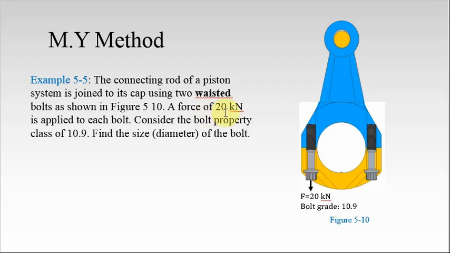A force of 20 kN is applied to each bolt. Consider the bolt property class of 10.9. Bolt grade is 10.9. Find the size or diameter of the bolt.